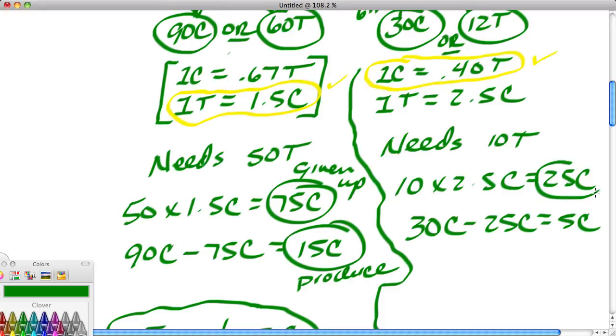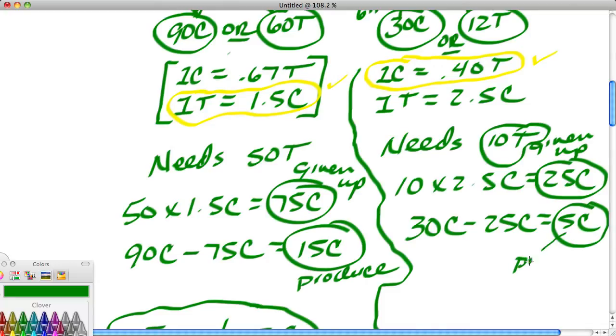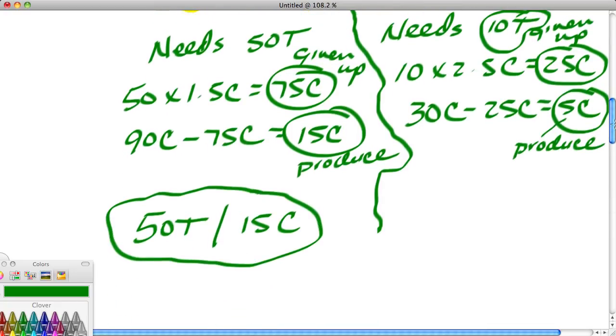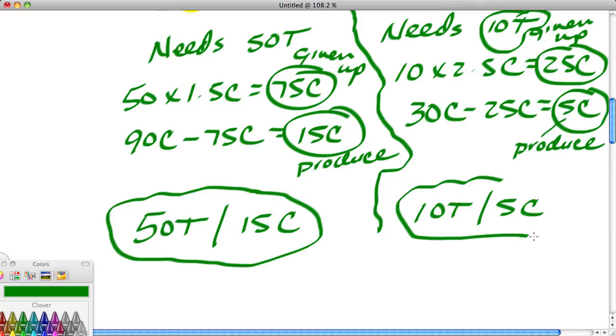Given up for what purpose? To make the 10 tomatoes. So how does self-sufficient, no-trade Fivethumbs end up? 10 tomatoes, 5 corn.